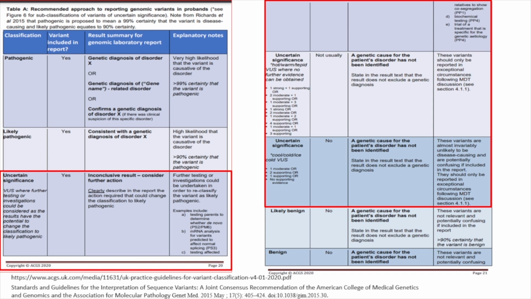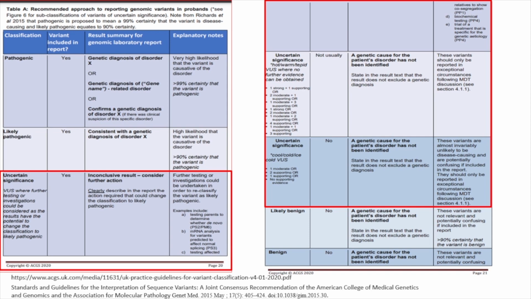So as I was mentioning here, it can be either PS2 or PM6. This variant, where we call it a de novo, that is, the variant is not observed in the parents and it is a sudden mutation that has happened in utero when the child was growing. Or if you have any functional evaluation, that is, if you have the mRNA, or if the gene is expressed, depending on the expression and the function of the protein, if you can assess at the functional level and show that yes, this variant is really affecting the protein, then we can come to a conclusion.